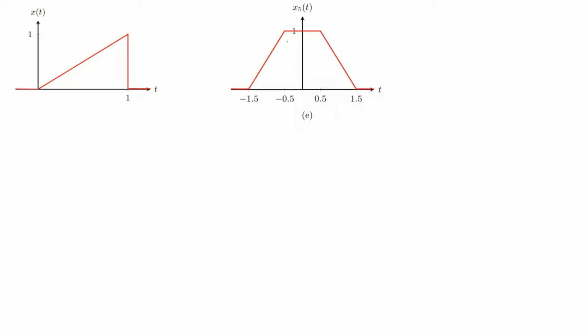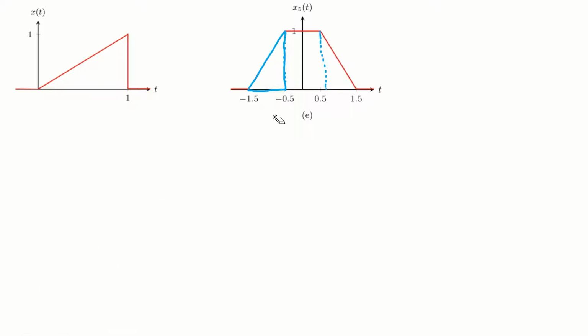So here I can partition this x5(t) into three parts. The first part is here. And the second part is here.